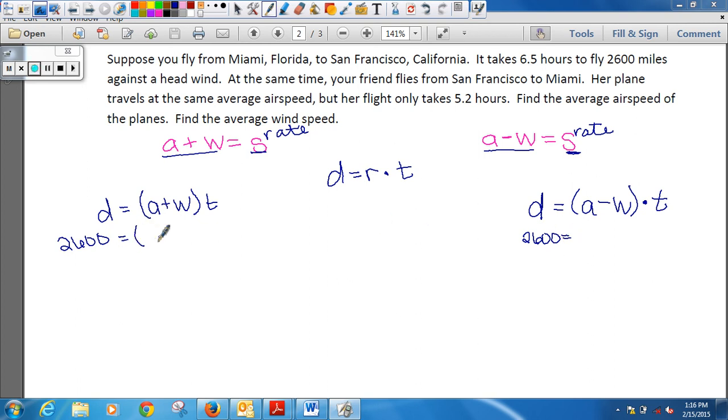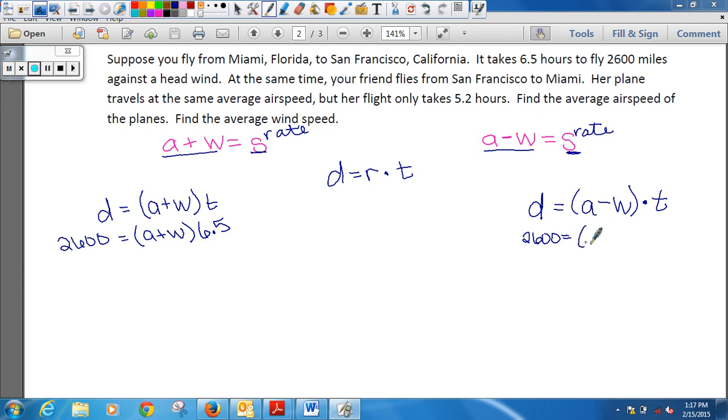We don't know the air or the wind speed, but we do know that the time is going to be 6.5 hours.